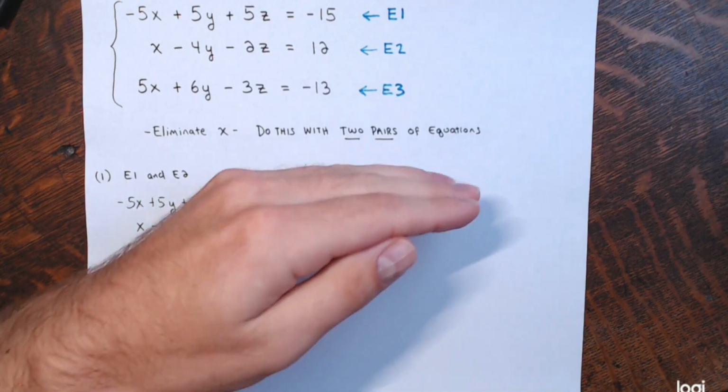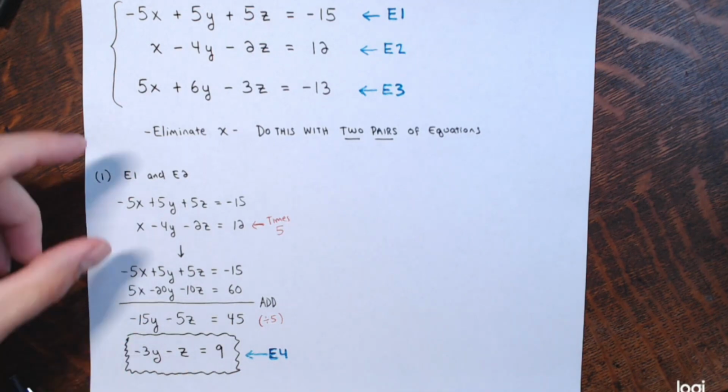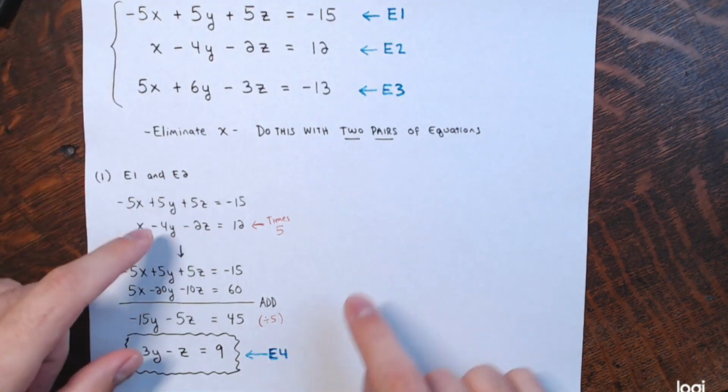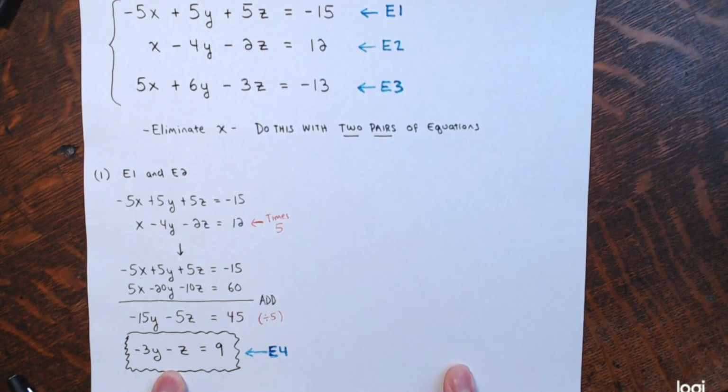Then I'll have a second equation with y and z. And what we'll have done is taken 3 equations with 3 variables, eliminated one of them twice, and then we get 2 equations with 2 variables. And you know how to solve 2 equations with 2 variables. You solve for those 2 variables, and then you go back and solve for the third one.